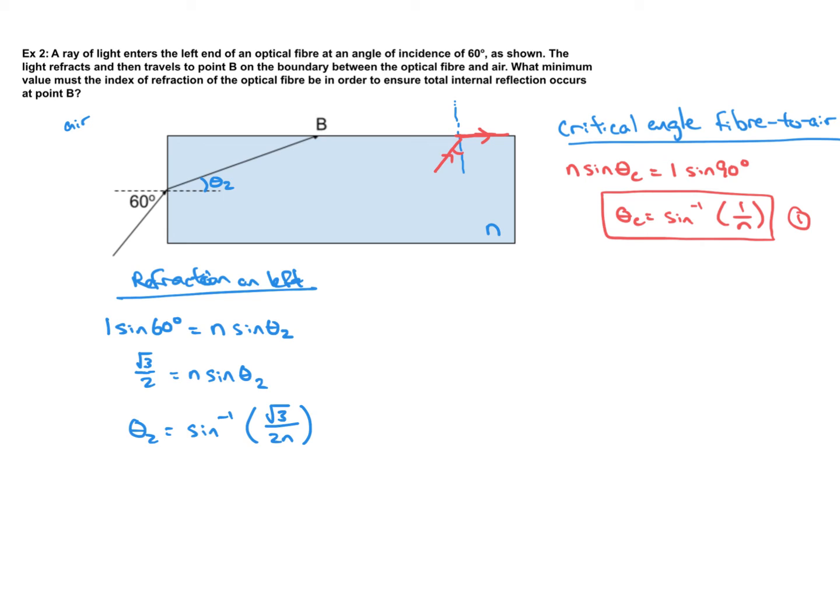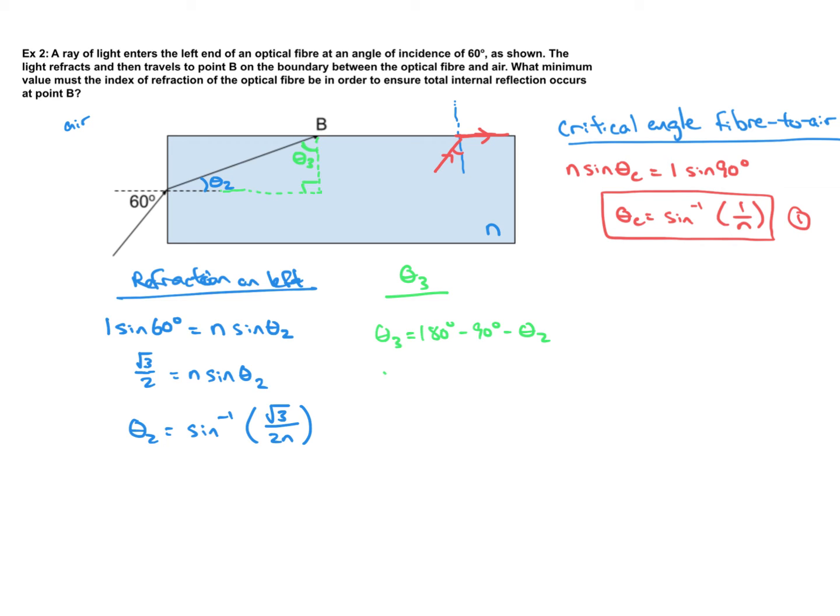So if I make a right angle triangle with this green line here, what I can do is calculate the angle at the top here, which I'll call theta 3. Three angles in a triangle add up to 180 degrees. So theta 3 would just be 180 degrees minus the 90-degree angle minus theta 2.